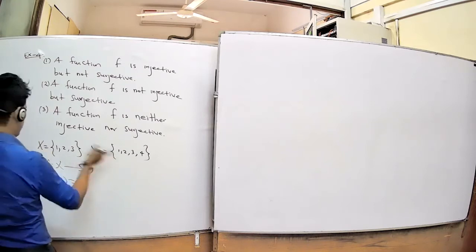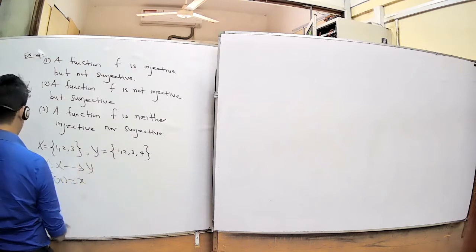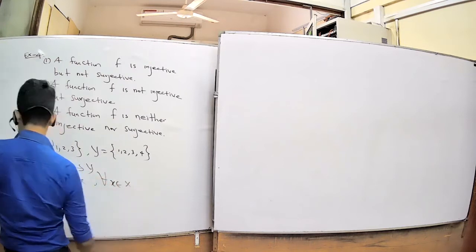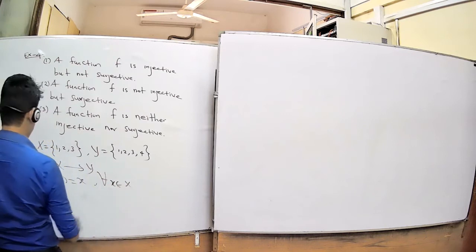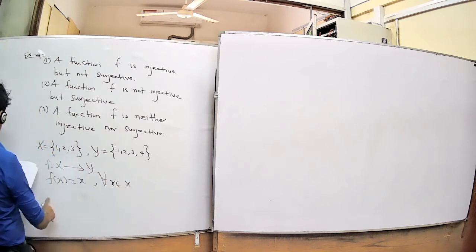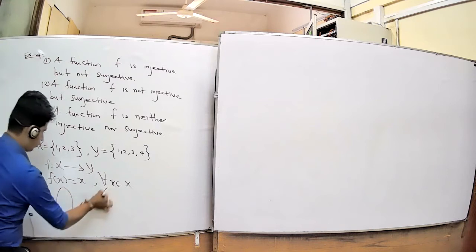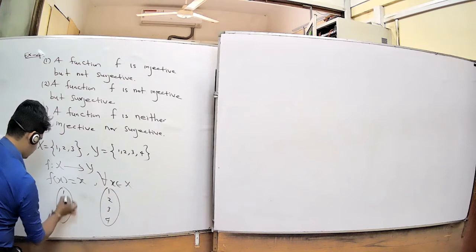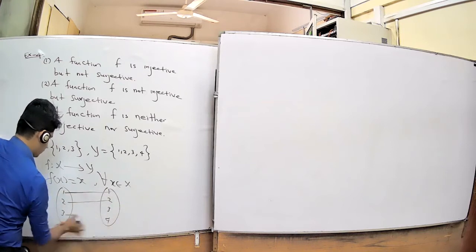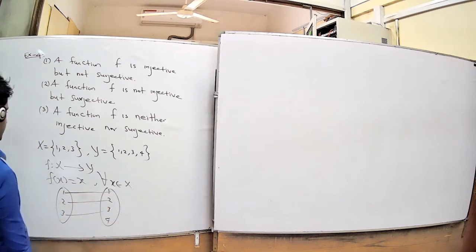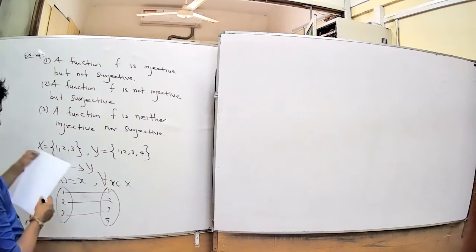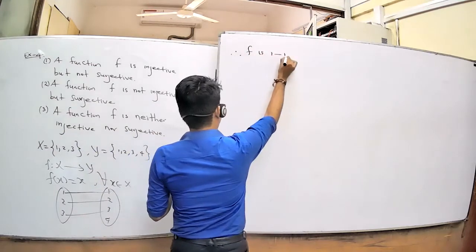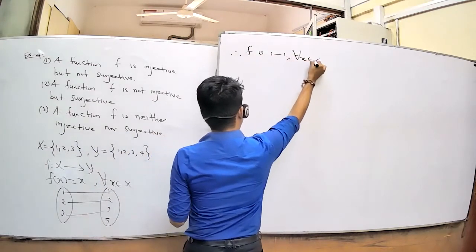Therefore, f of 1 equals 1, f of 2 equals 2, f of 3 equals 3, for all x belonging to S. Therefore, it is obviously a one-to-one function. Clearly f is one-to-one.